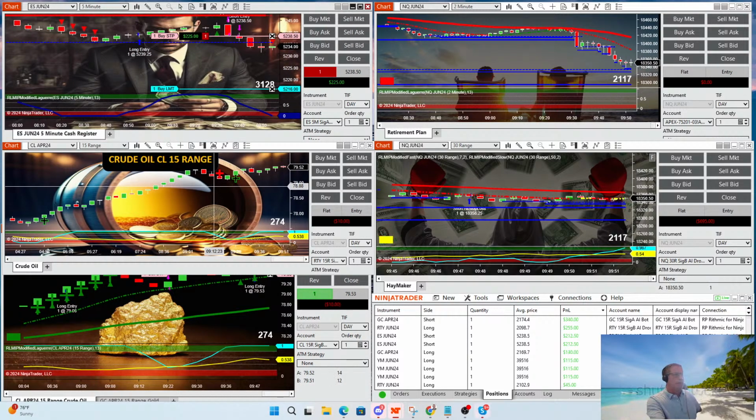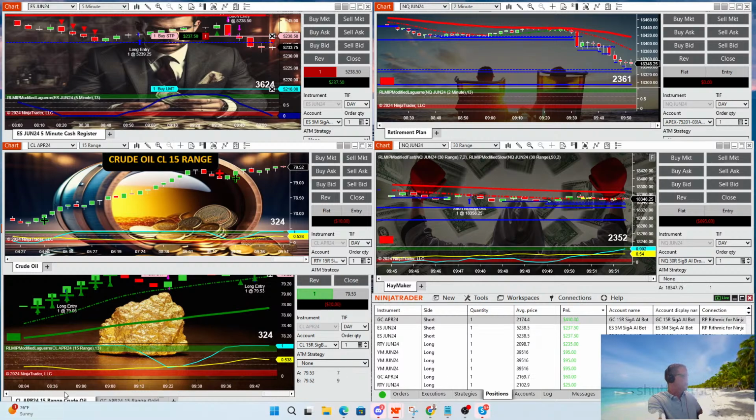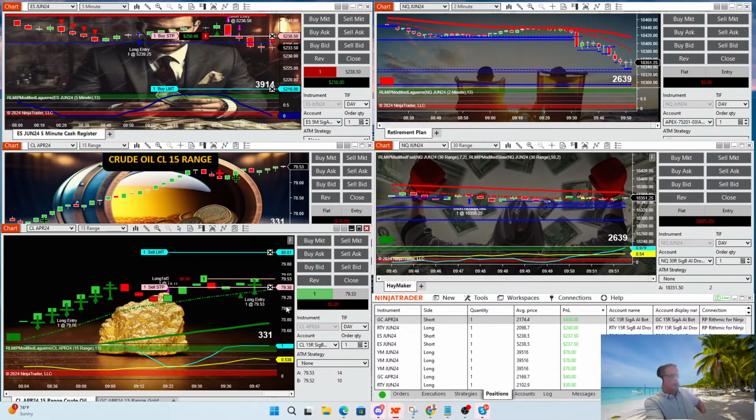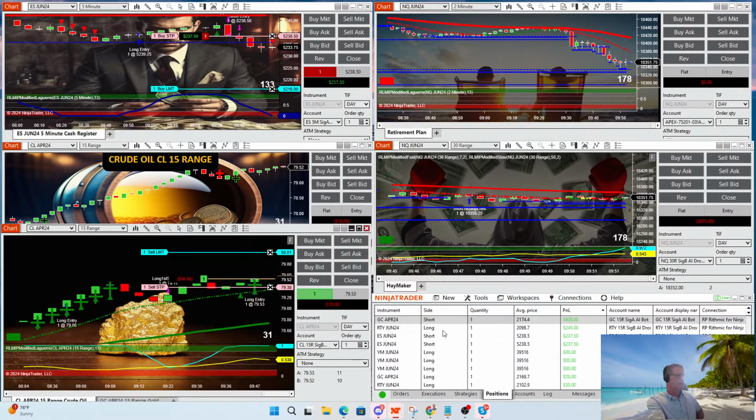Just looking at my open positions here. Gold. Let's see what gold is doing. Crude and gold are both, no, gold is short. Crude is long.